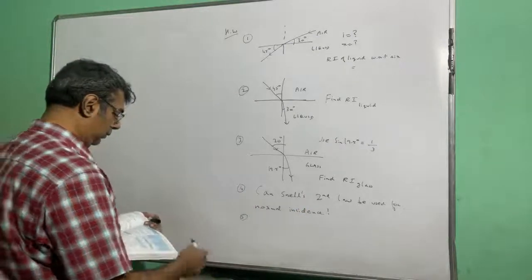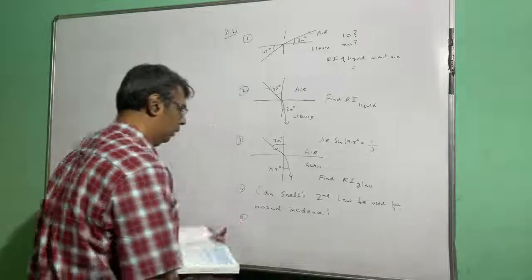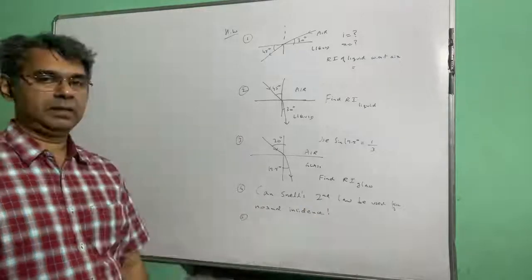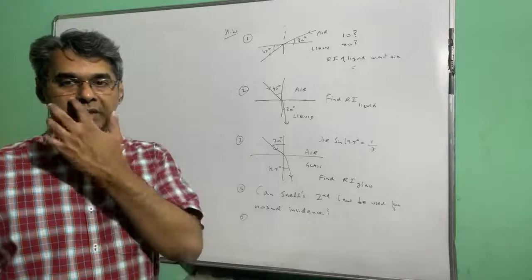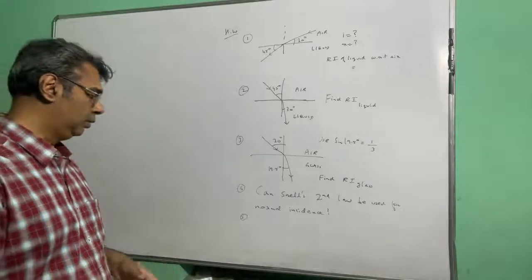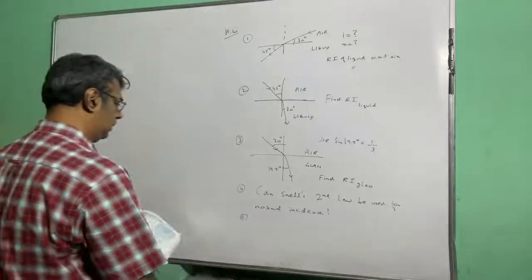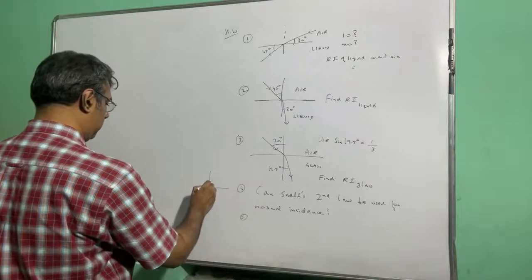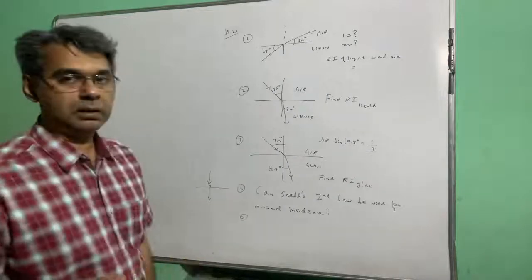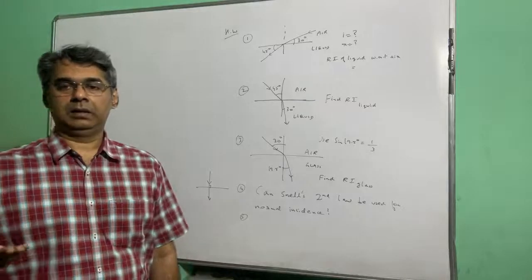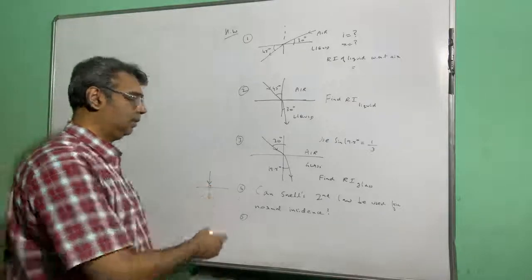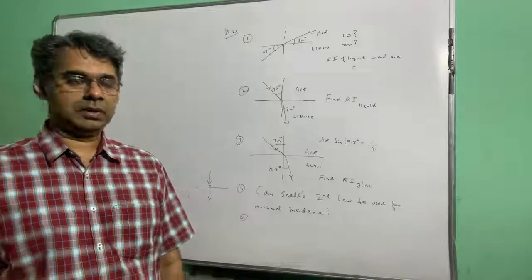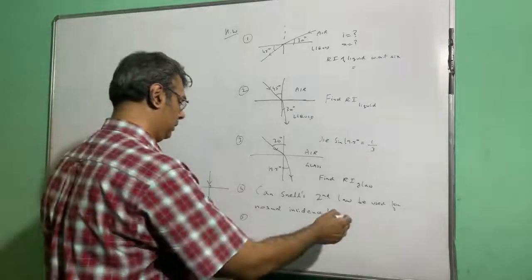Okay, question number 4. Can Snell's second law be used for normal incidence? That means, can you use the sin I by sin R formula for normal incidence?